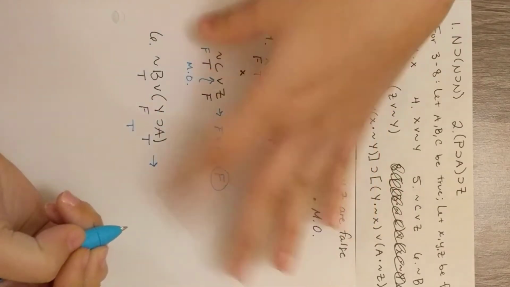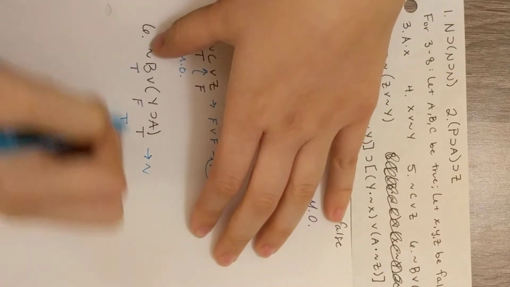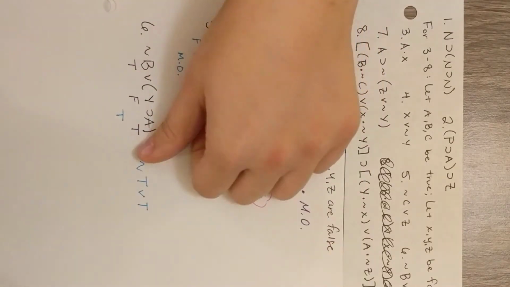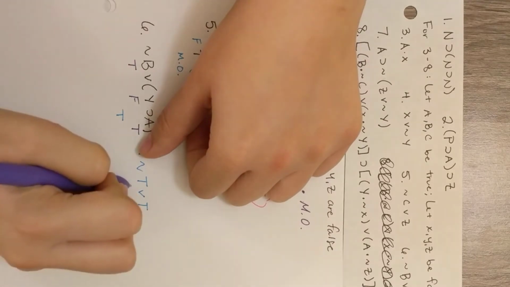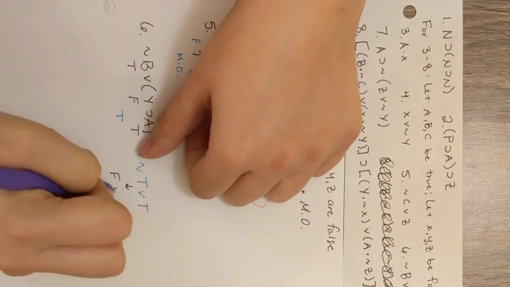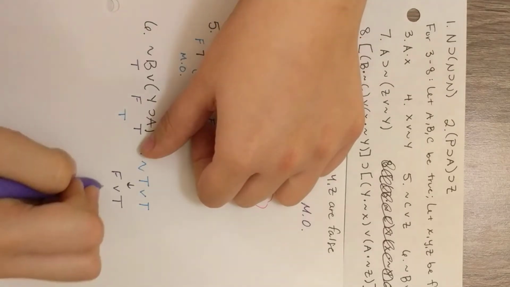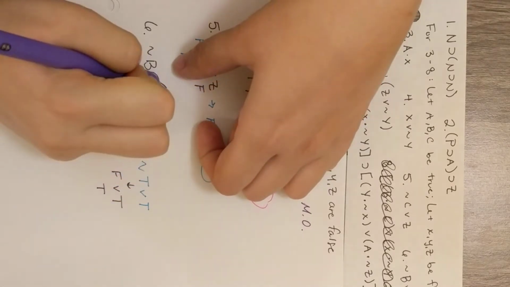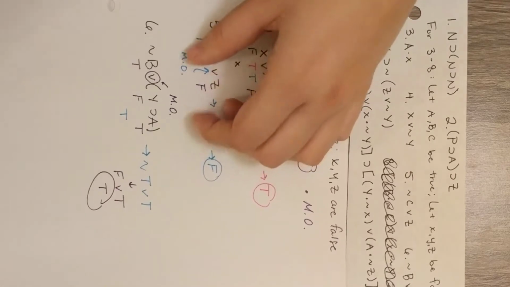So I can rewrite this whole horrible looking thing as not true or true. And then not true is false. So this becomes false or true, which is true. And so that wedge is the main operator. And the whole thing is true.